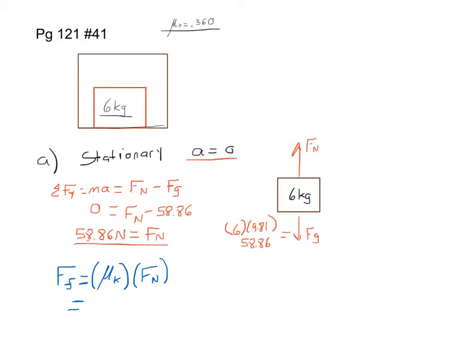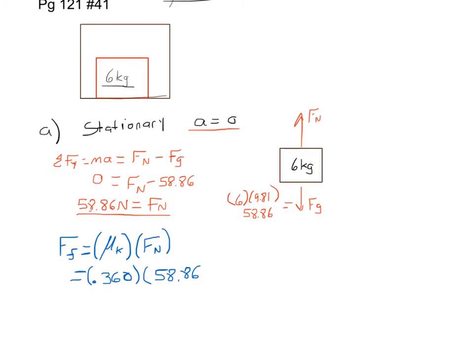So basically we just plug in 0.360 times 58.86, and that gives us 21.19 newtons is our frictional force when it is stationary.